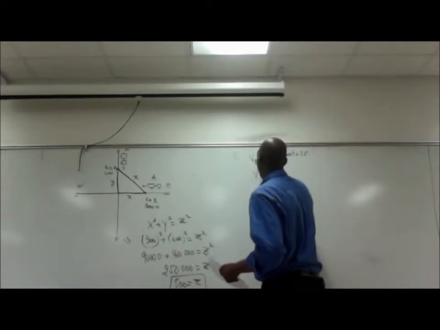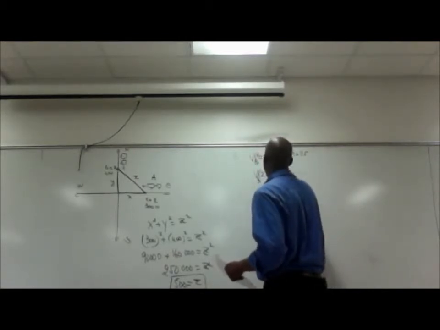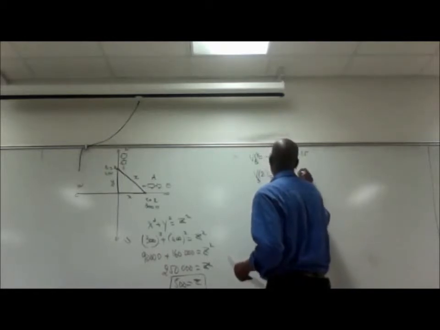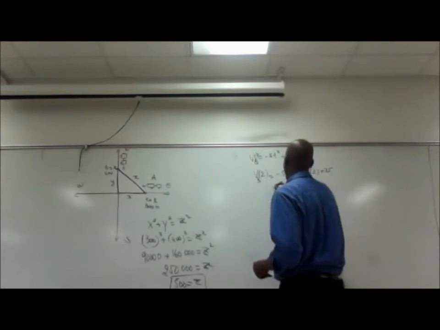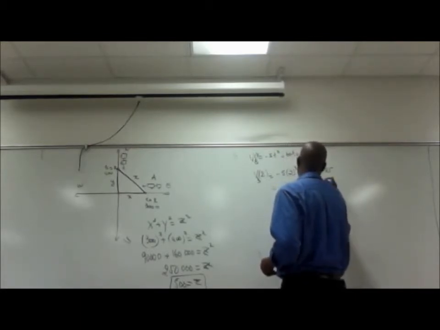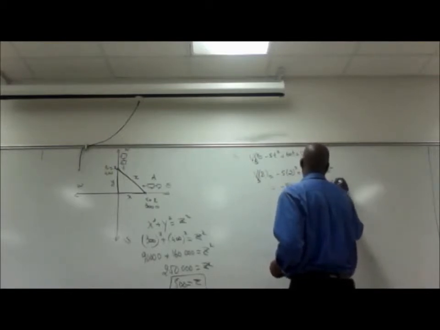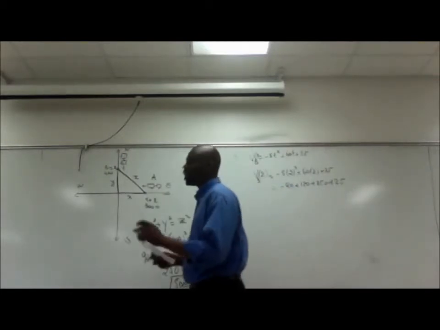So V of 2 equals negative 5 times 2 squared plus 60 times 2 plus 25, which is negative 20 plus 120 plus 25, equals 125. That's the train B velocity.